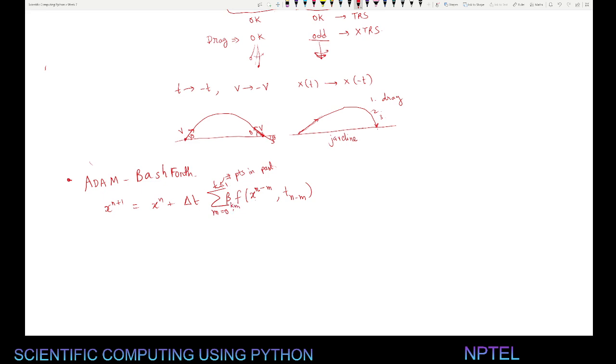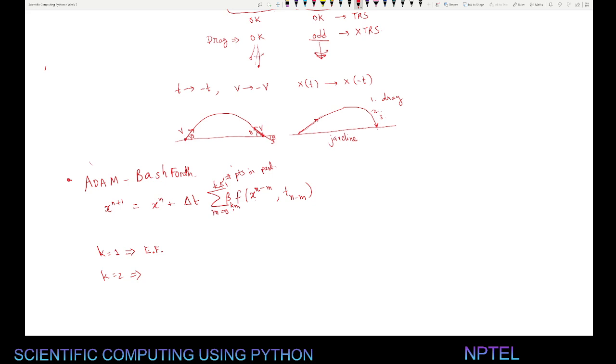So if k is equal to 1, it's just Euler forward, right? Actually k minus 1 is the number of points in the past, because 0 is just the same point. If k is equal to 2, then you are looking at 1 point in the past. The betas are tabulated.